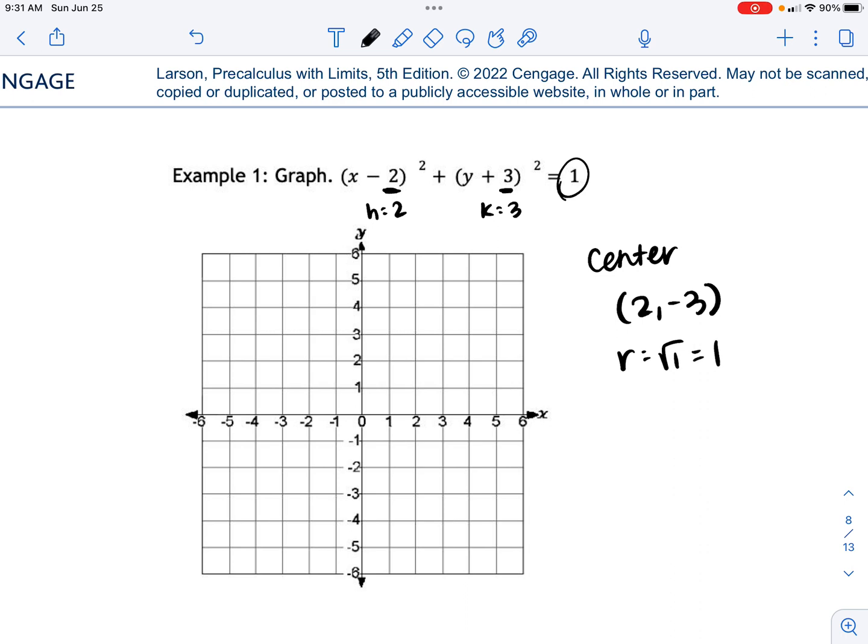So my center is 2, -3, and my radius is 1. When I graph that, I'll go over 1, up 1, over 1, up 1, or down 1, so that I have 4 points on the circle that are 1 away from the center. And I like to draw in a radius and label that. So r is 1.